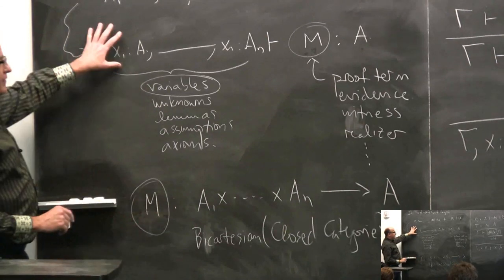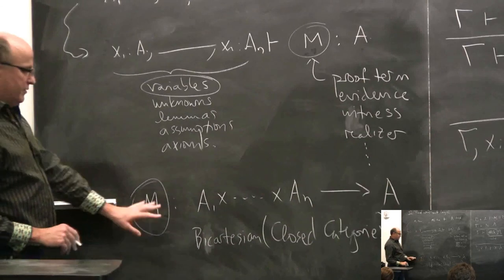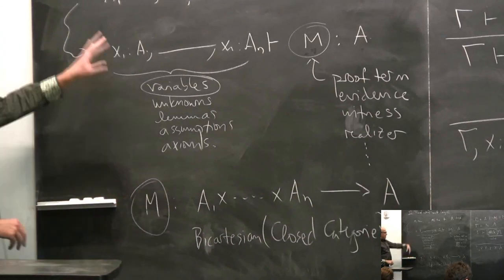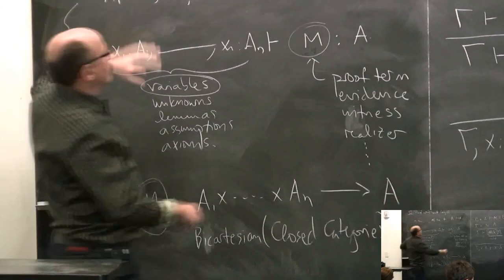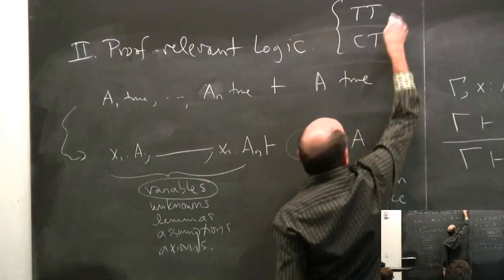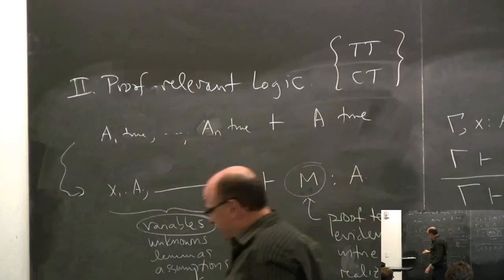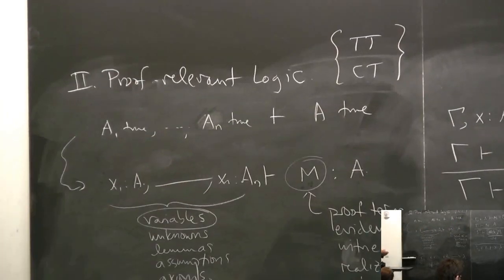But this is a very convenient treatment of variables. This is a very inconvenient treatment of variables. So we'll get back to that a little next time. So proof-relevant logic will give rise to type theory and category theory. That's what we're doing. And so that's where I'll stop today.